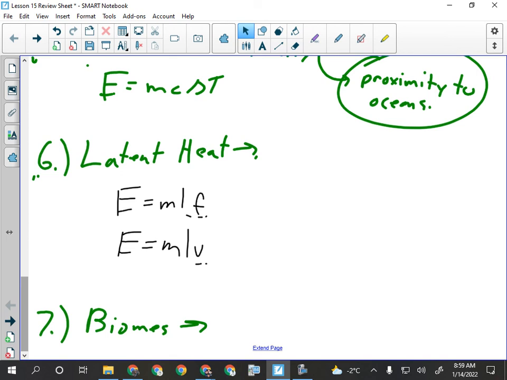3 biome questions. Climate question. Three questions about the parts of the water cycle. A couple of questions about factors affecting climate.